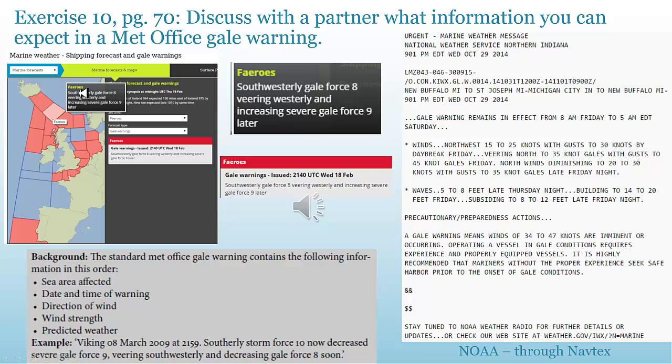And so you can see that this is for today in the Faroe Islands. Southwesterly gale force 8, veering, turning westerly, and increasing severe gale force 9 later. That was taken today, and you can see here's the gale warning for today, issued at 2140 hours UTC, and UTC refers to Greenwich Mean Time, the one starting time line for all time. So UTC is Greenwich Mean Time, Wednesday 18 February, and that's exactly what's written down here.